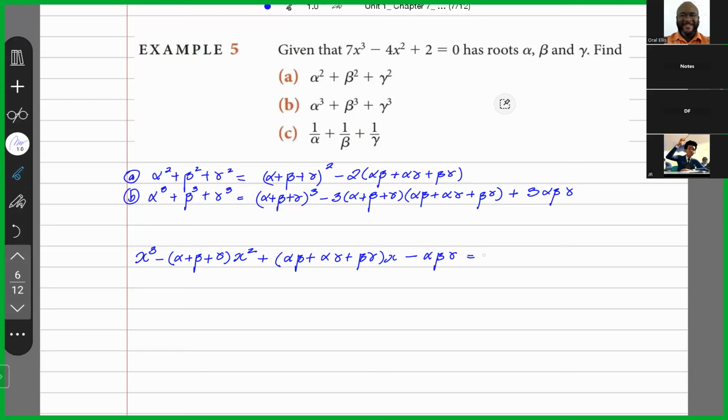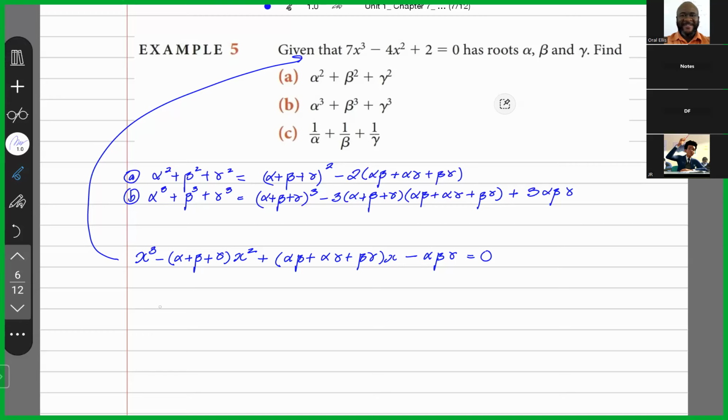And this is equal to 0. So the equation here and this equation up here is the same equation, because the equation 7x cubed minus 4x squared plus 2 equals 0 has roots alpha, beta, and gamma. Therefore, the same equation is actually what?